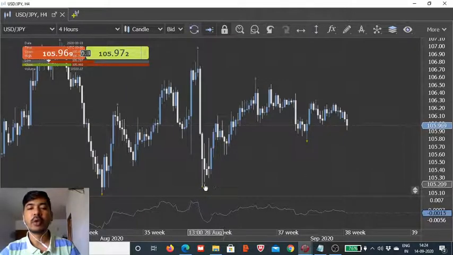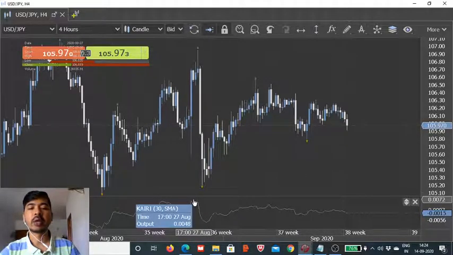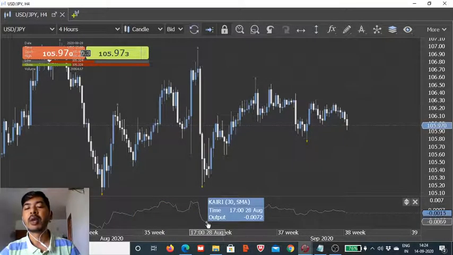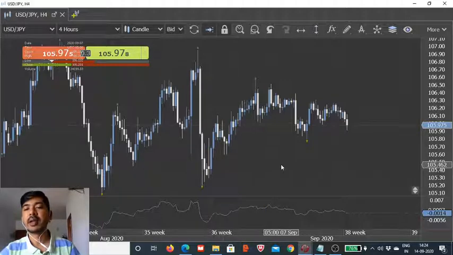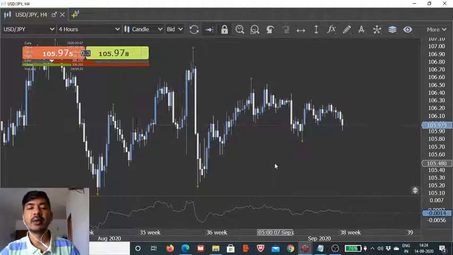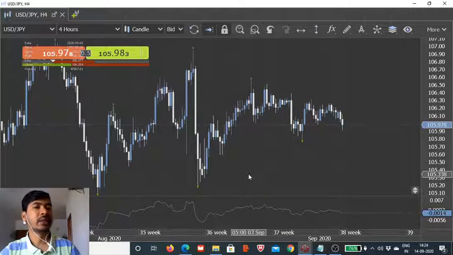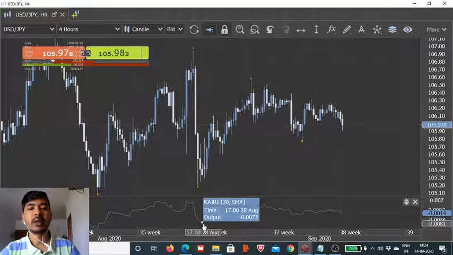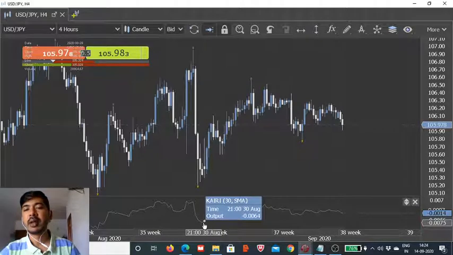The overbought and oversold scenarios can also be considered after looking at the values. Whenever we see that KAIRI values have reached extremes, then we can see possibilities emerging. If there is some sort of reversal taking place, we can decide to jump against the trend and take contra trend positions also.